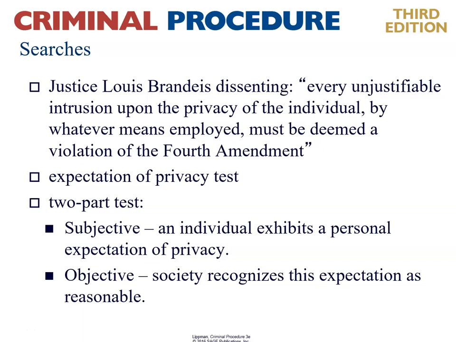In this test, there are two prongs: the subjective aspect and the objective aspect. The subjective aspect is that an individual exhibits a personal expectation of privacy. The objective portion is that society recognizes this expectation as reasonable. So let me give you an example. What about a phone booth?